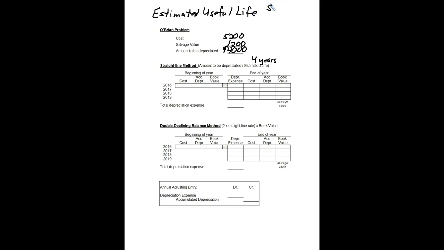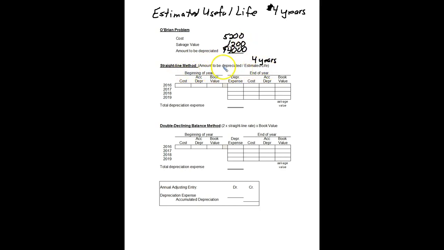But let's stipulate that we anticipate we will use this copier 4 years, and then we're going to get another copy machine and replace it. Okay, so we expect to use it for 4 years. At the end of 4 years, we think we can sell it for $1,200. So we're just estimating the $1,200.